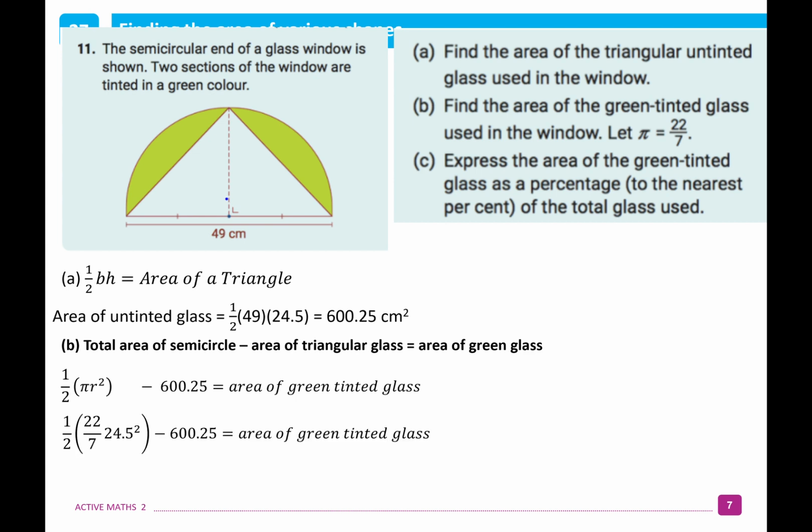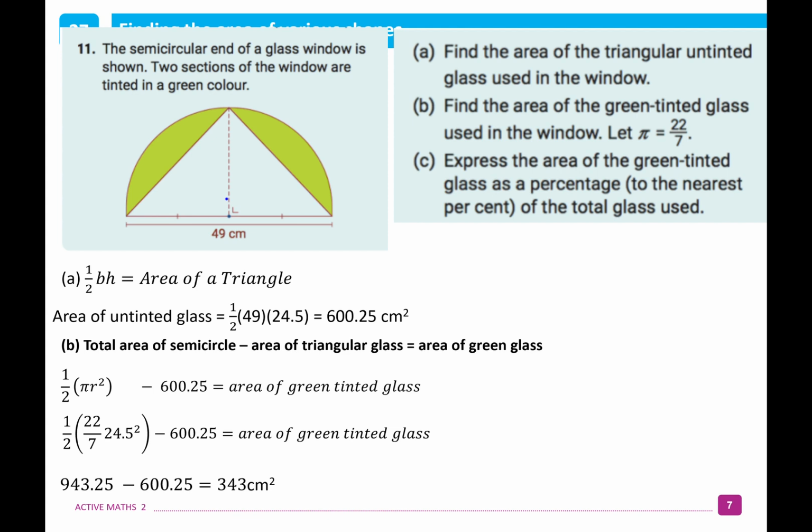Substituting in what we know, the area of your semicircle is a half times 22 over 7 times 24.5 squared. And taking the area of your triangle from the semicircle gives us 943.25 minus 600.25 equals 343 centimeters squared. So the area of the green tinted glass is 343 centimeters squared.